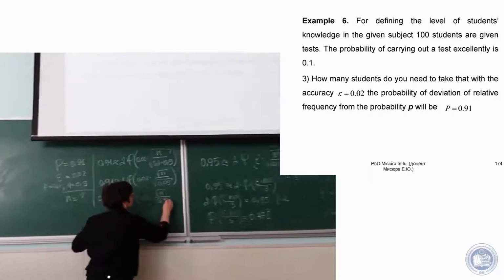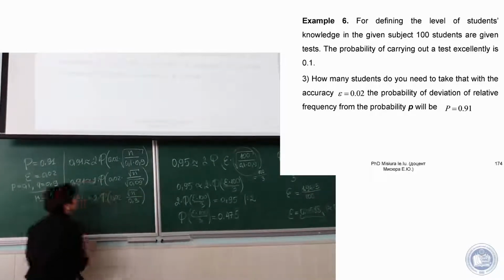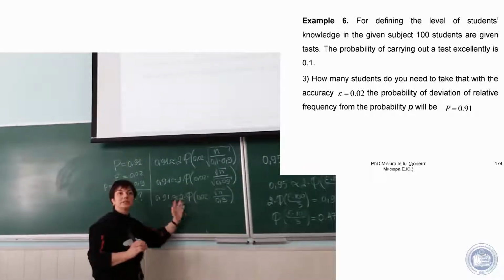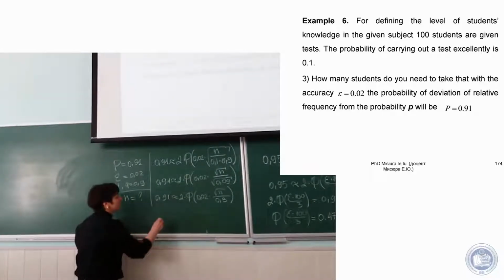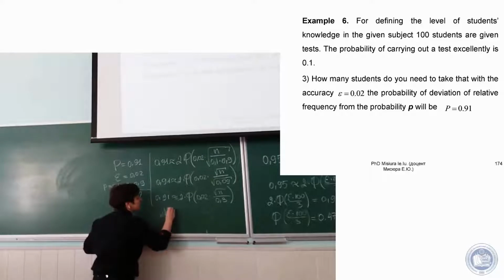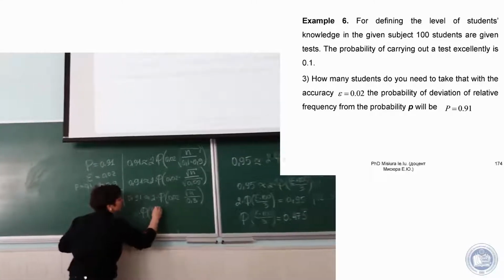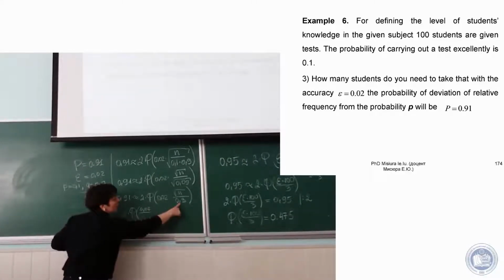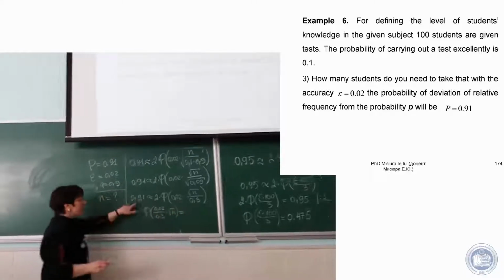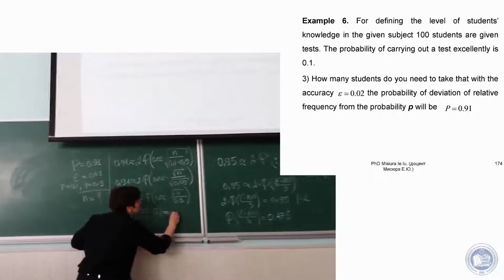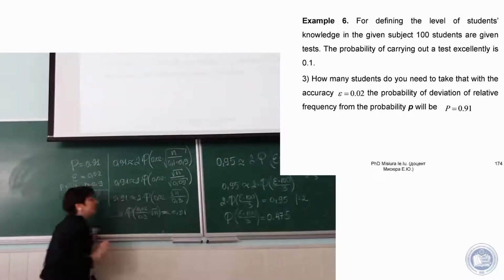Okay, thank you. Let's change sides. Agree? And you can get 2 times phi of 0.02 divided by 0.3 times root of n equals 0.91.